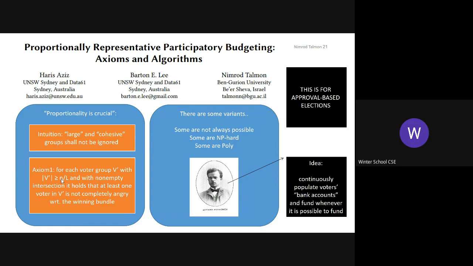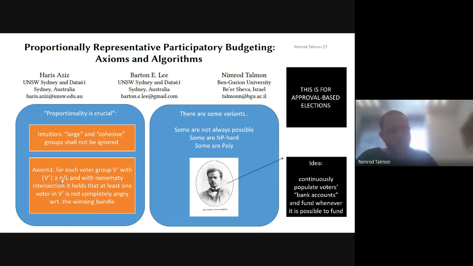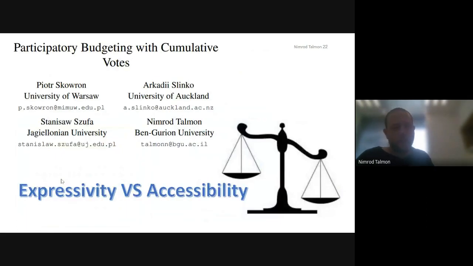No, sir. Okay, thanks. So let me continue to yet a different idea of how to design algorithms for participatory budgeting. Here, we started from the idea of maybe changing the elicitation or the ballot type.